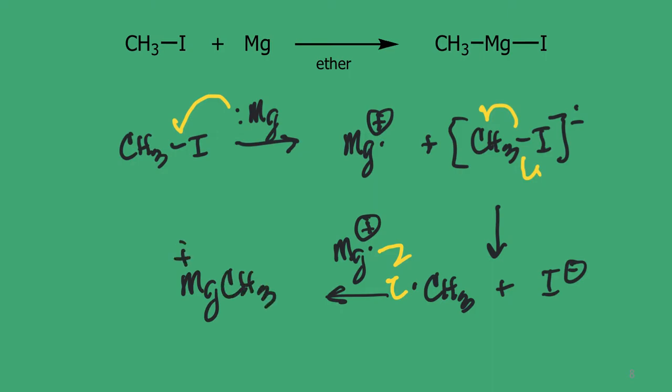This thing will have a positive charge and will combine with the iodine. Essentially forms a salt. So we more commonly draw this as simply IMgCH3. We understand that the iodide magnesium is essentially an ionic bond.